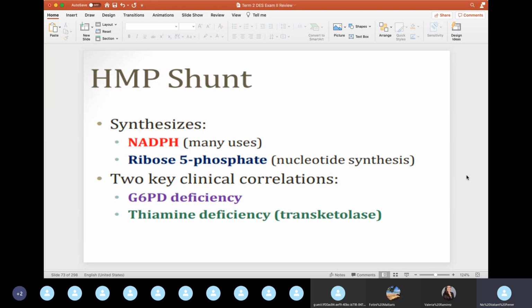Orotic acid, from orotic acid, remember, to UMP, right? Are we clear there? From UMP to dUMP, and then dTMP is the end, right? Please revise your purine and pyrimidine synthesis.